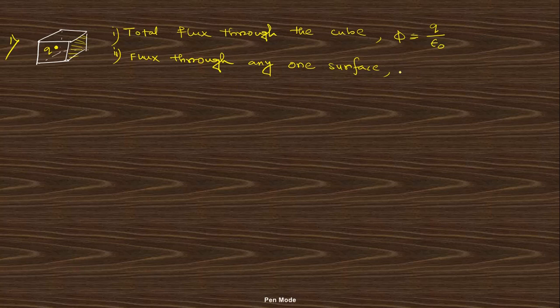So you can say this flux will be 1 by 6, as there are 6 surfaces, times q by epsilon naught. Clear about this? I want to share another important question in the case of this cube.